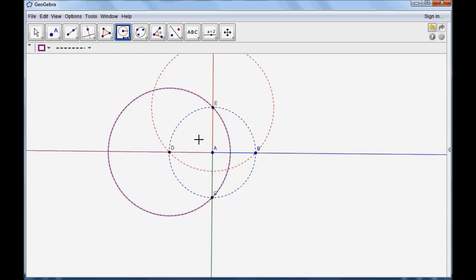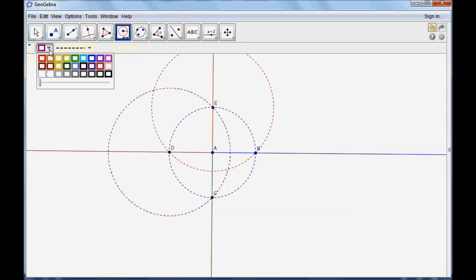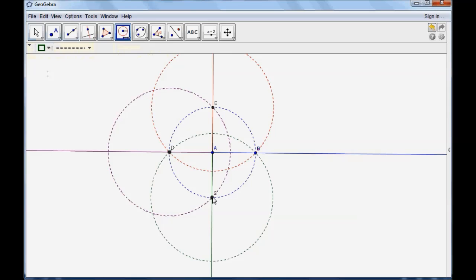That actually means that these two angles are right angles. We already knew that these two angles were right angles. So the question remains, is this one a right angle? If I grab my compass and draw a green circle from C to D, then, oh, there it is. Now these two segments here are congruent because they're radii of the green circle.